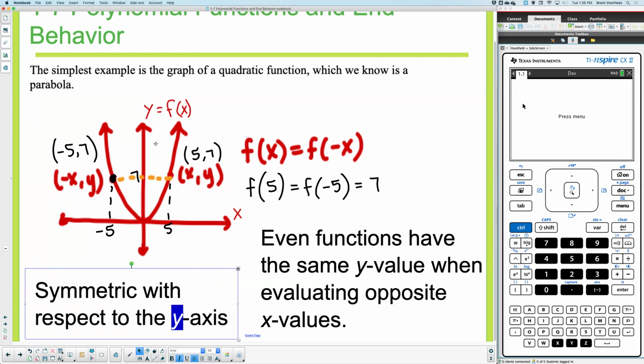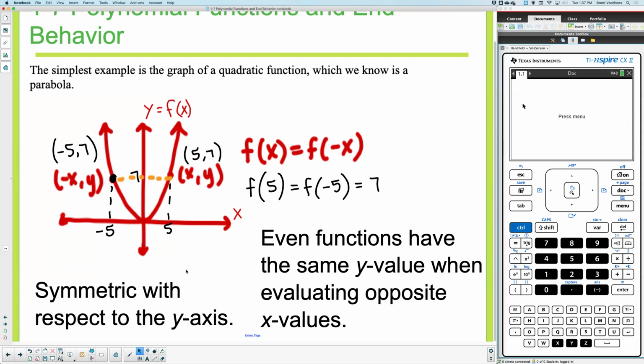Meaning if you cut the graph along the y-axis, you'd have 2 parts that were equal but mirrored of one another. The graph would be exactly the same, just mirrored on the y-axis. So if a function is even, it's symmetric with respect to the y-axis.